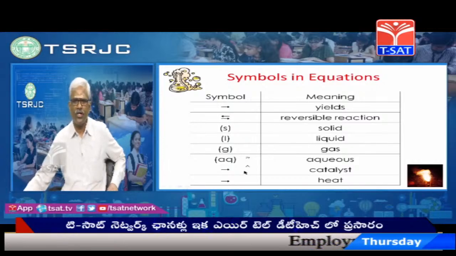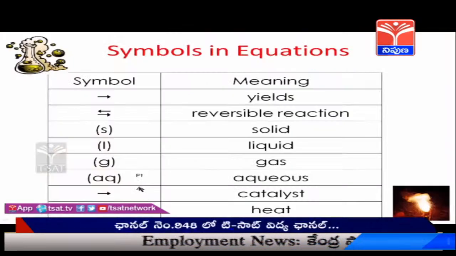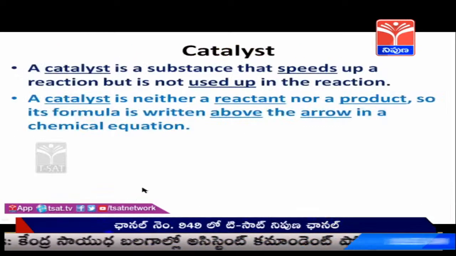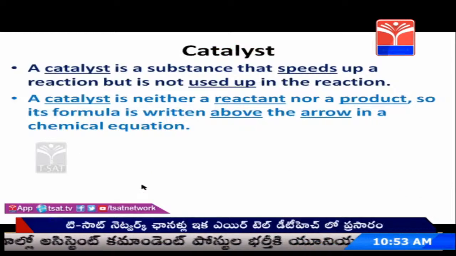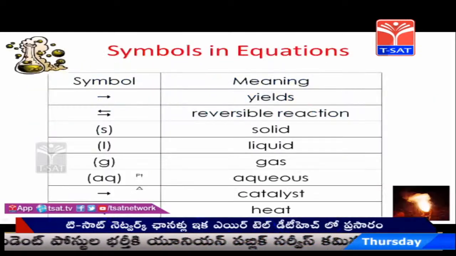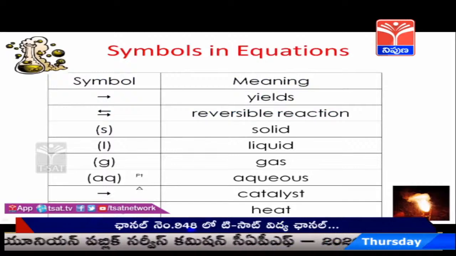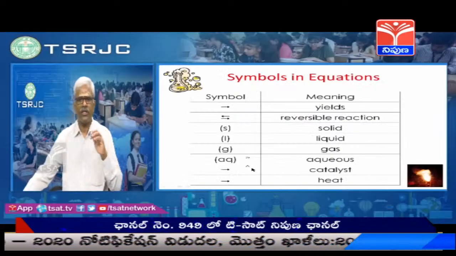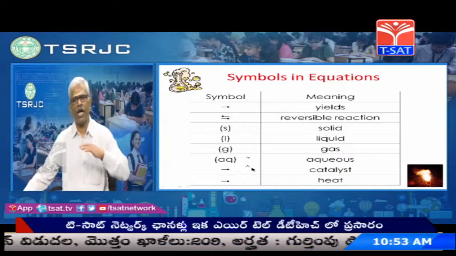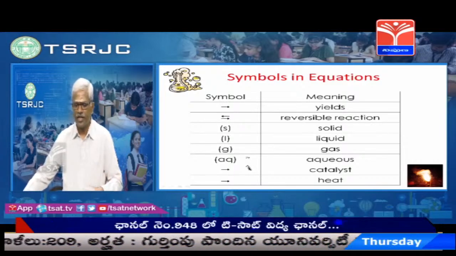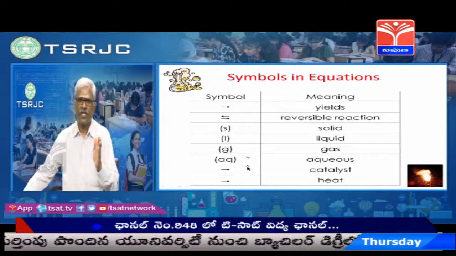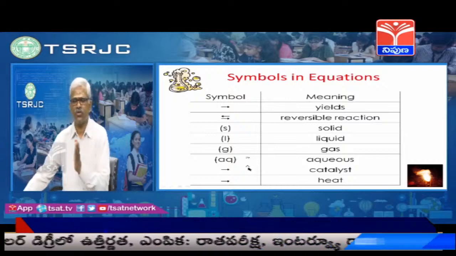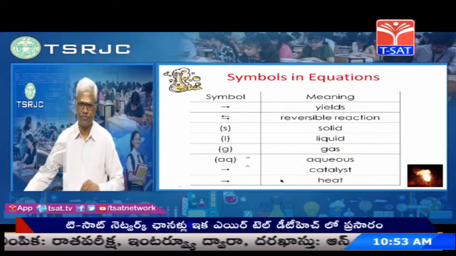Right. Now, heat reactions. This delta symbol is there. If we put the delta symbol on the arrow mark, it represents heat reaction. If the delta symbol is vertical, the reactants are taking some heat energy to form products.